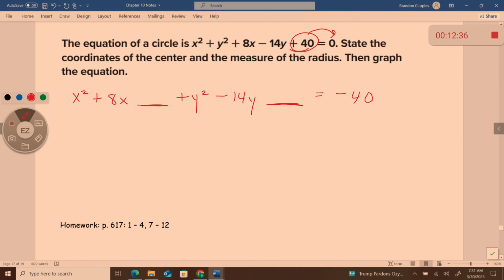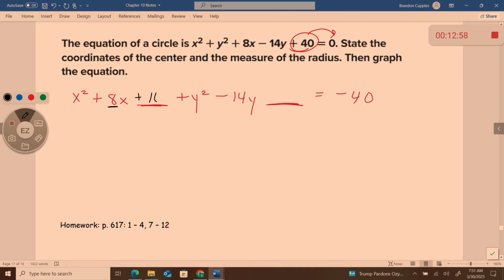Okay. Now, in order to complete the square here, we have to take half of this value right here, and then square it. So if you take half of 8, you get 4. 4 squared is 16. I'm going to put plus 16 right there.